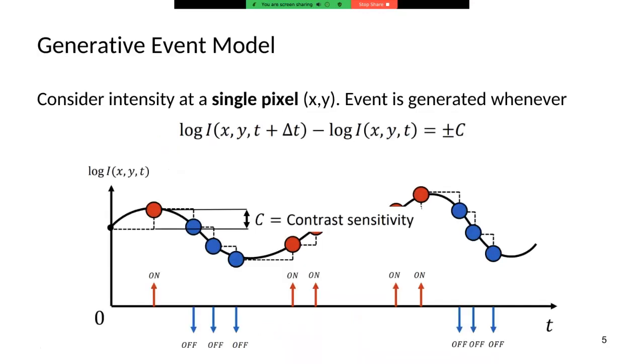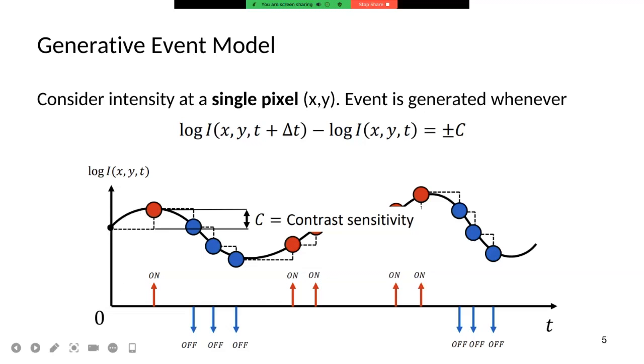If we now consider a single pixel, x, y, for example, events are generated whenever the logarithmic intensity change over time reaches a certain threshold. Here, I'm showing it with a sensitivity contrast threshold of C. So here I have a concrete example.